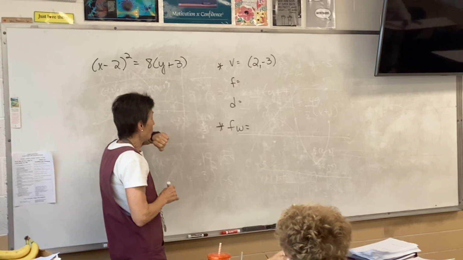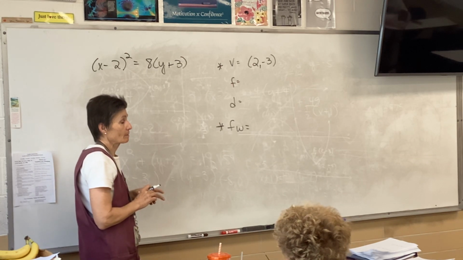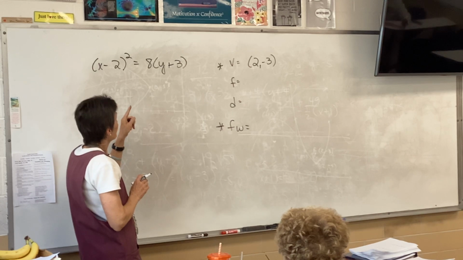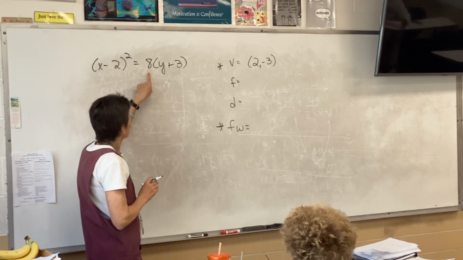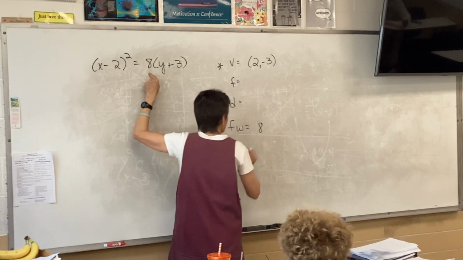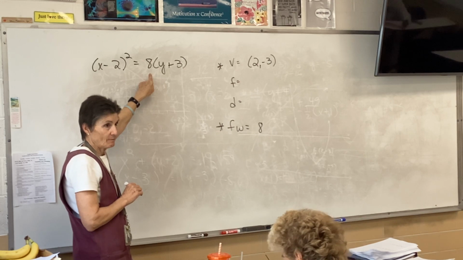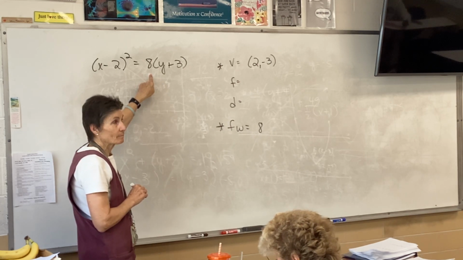What about the focal width? You should be able to tell me that too. So what's the focal width? 8. That number is the focal width. If that number happens to be negative, make it positive. Okay?